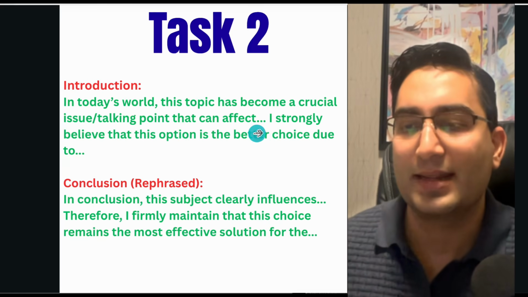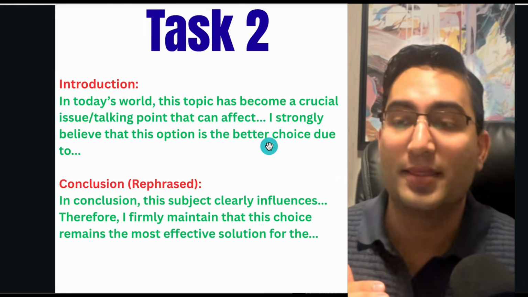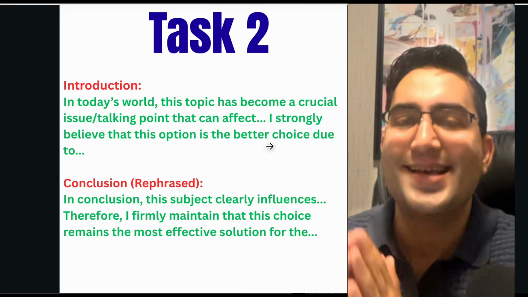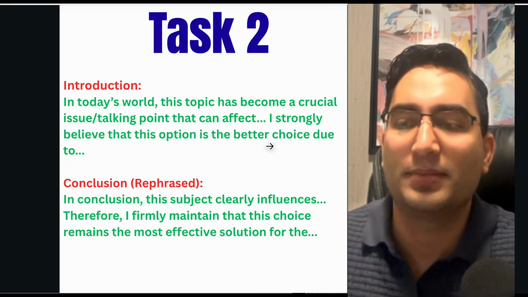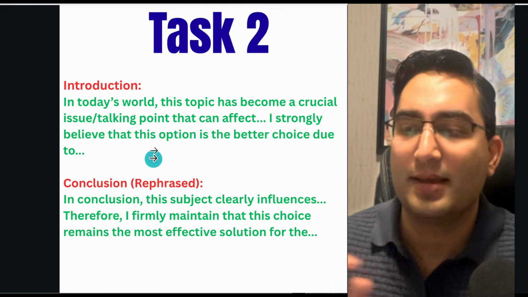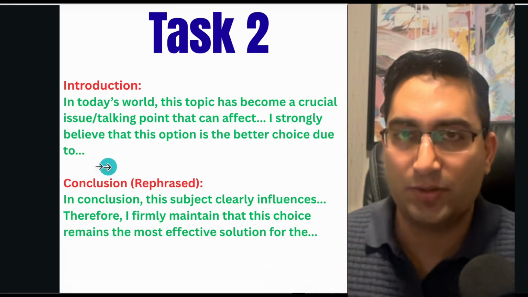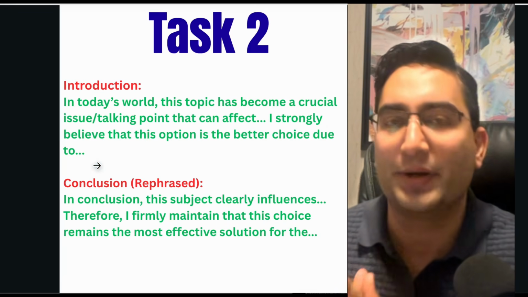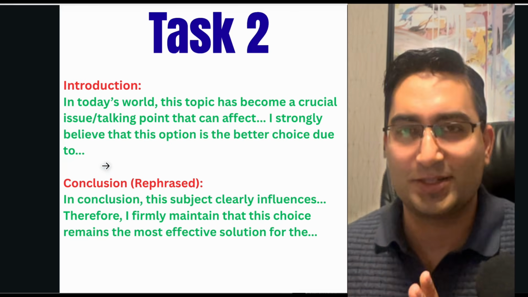Your second sentence is simply your opinion sentence. This has marks. This is very important. Here, you have to very clearly state which option you're choosing and what is that opinion. So here you simply say, I strongly believe that this option, mention the option here, is the better choice due to, and then you mention briefly the reasons you're about to talk about later, due to many economic reasons, due to environmental reasons, and so on.